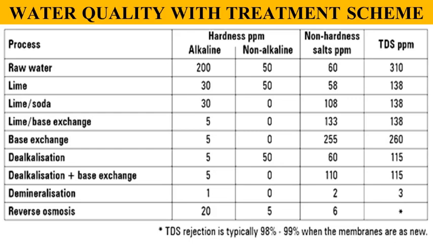So dealkalization, base exchange, de-mineralization, reverse osmosis, all are introduced according to the quality of water required at various stages of use in the boiler or thermal power station for optimized performance.